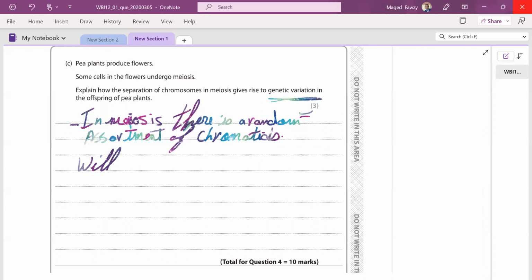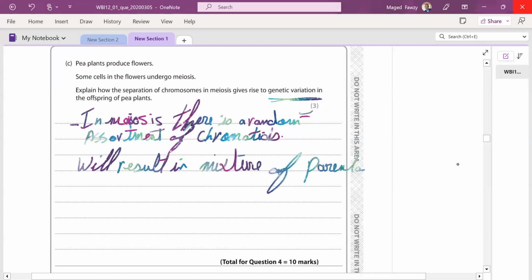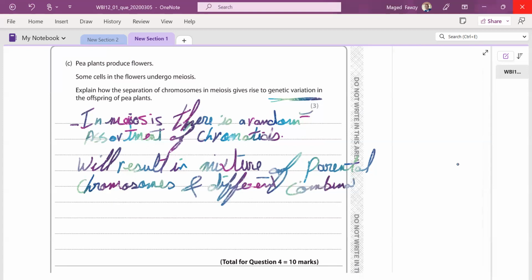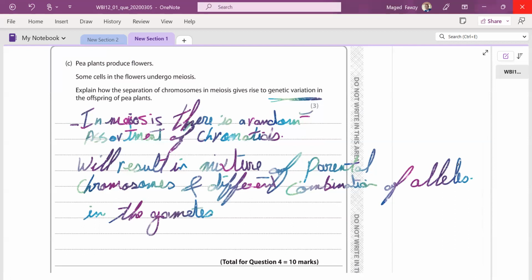Okay, so in mixture of chromosomes and different combination of alleles in the gametes.